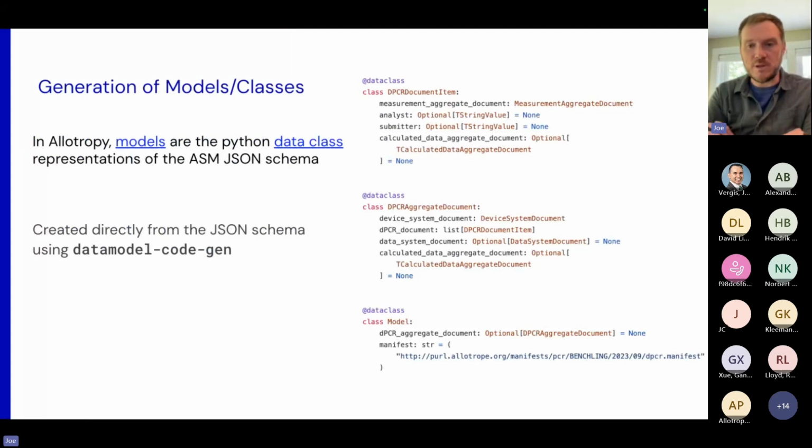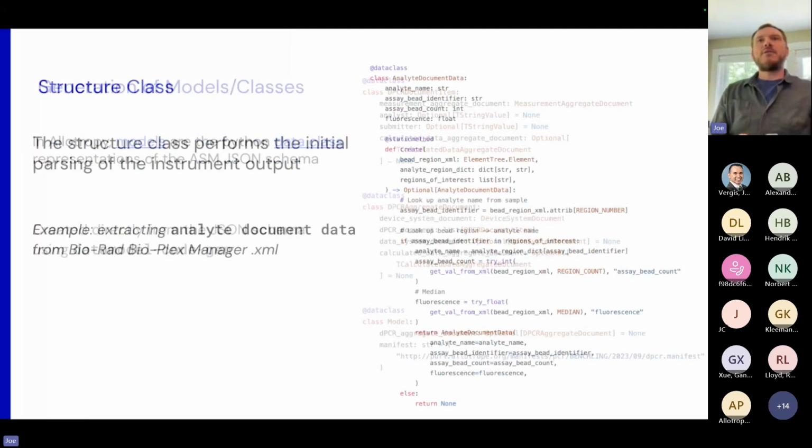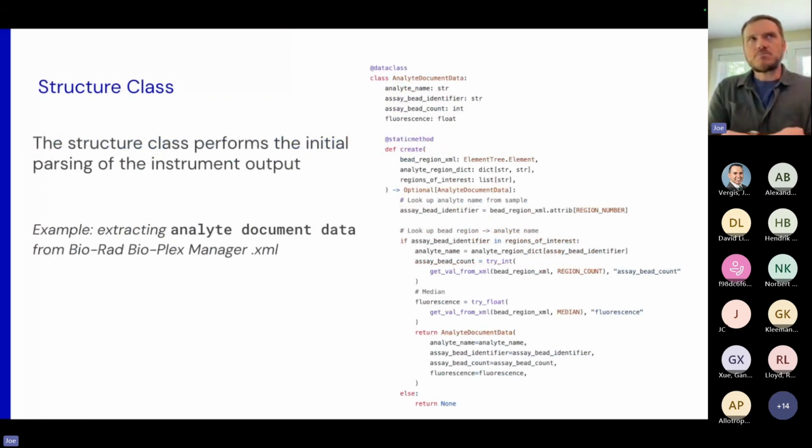We can generate these automatically using another open source utility called Data Model Code Gen, which is built specifically for this sort of work. I think this might also be more broadly useful to the community, as I'll get to later.